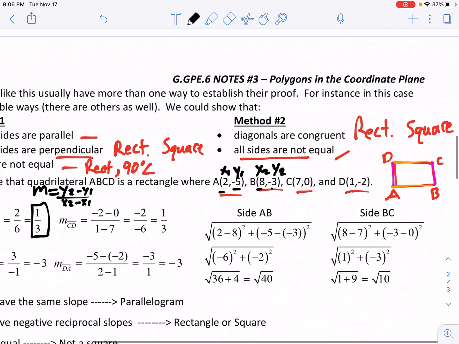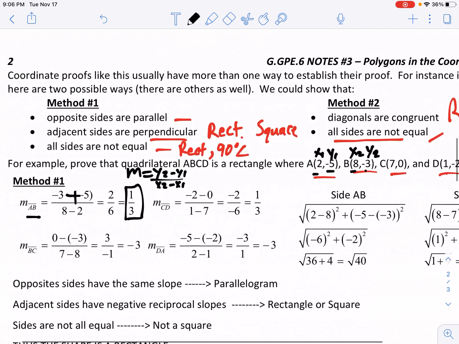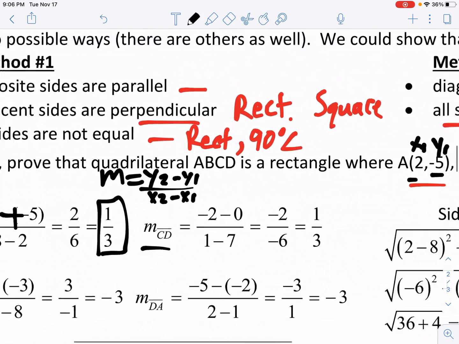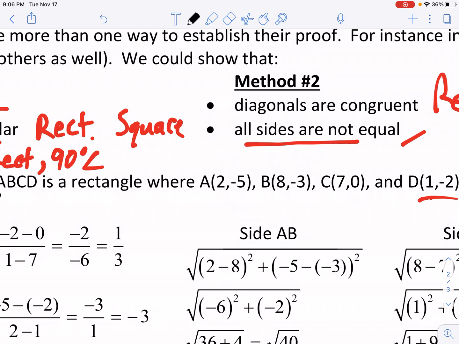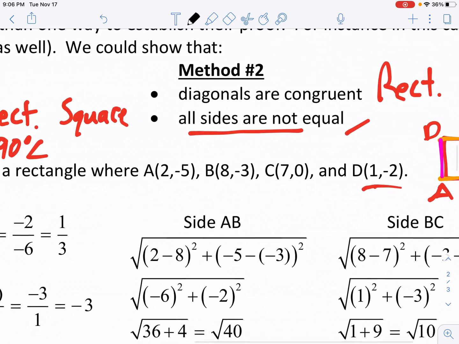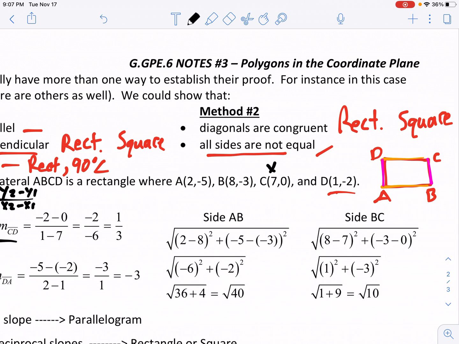Now, the opposite side of AB is CD. We want to make sure that that's parallel. So we're going to look at CD here. That's the next one, the slope of CD. We're changing what we're looking at in terms of our x1 and y1. So we're looking at CD. So we have x1, y1, x2, y2.